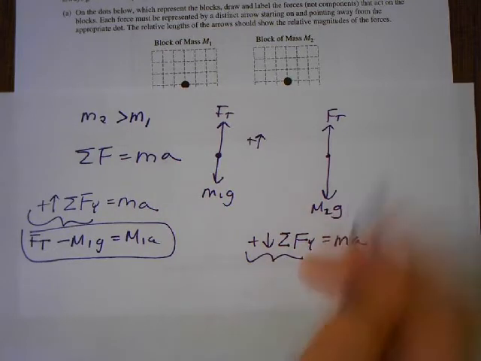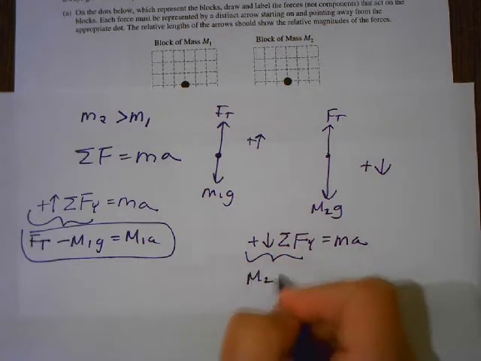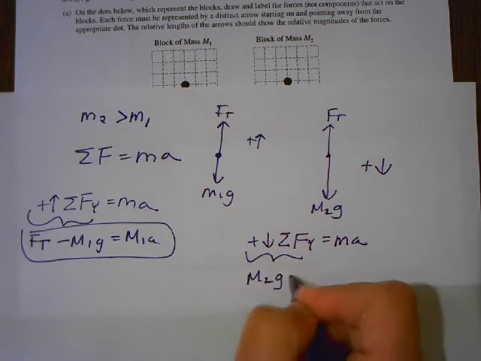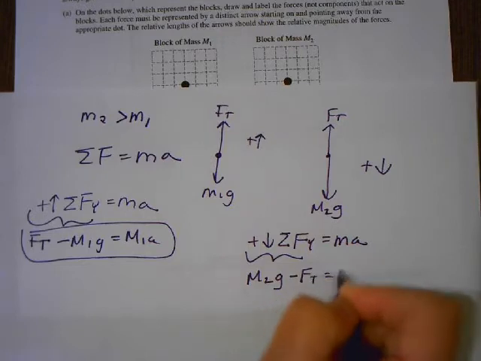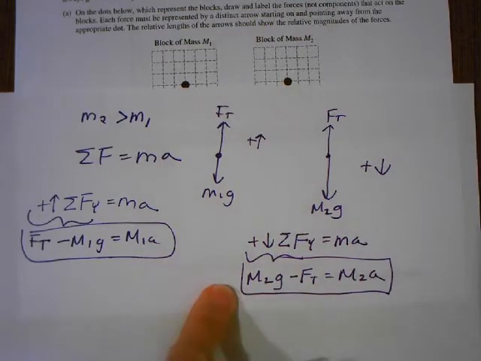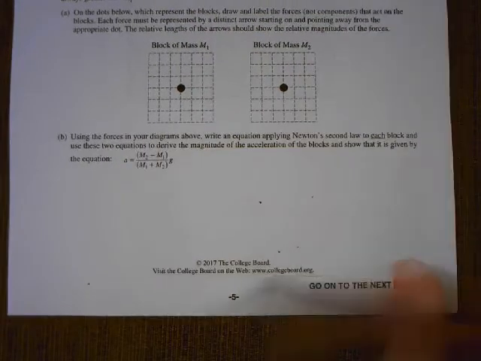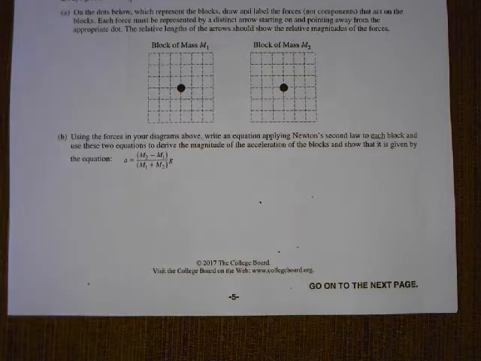I look at the diagram. That's positive, so it's M2g minus F_T is equal to M2a. So basically, I have two equations and two unknowns. There are different ways algebraically that you could solve for it. And they even tell you what the answer is there, a. So you're going to end up solving for a.